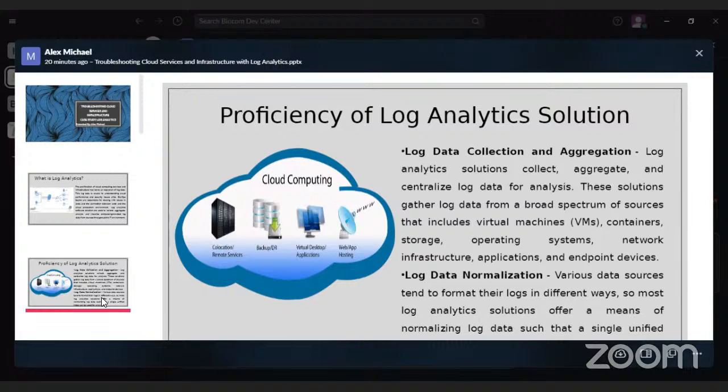And it says data is centralized for analysis. These solutions gather log data from a broad spectrum of sources that includes virtual machines, containers, storage, operating systems, network infrastructure, applications, and endpoint devices.